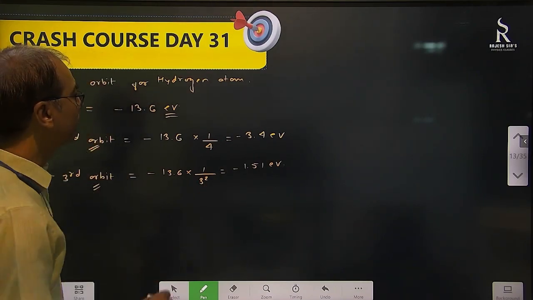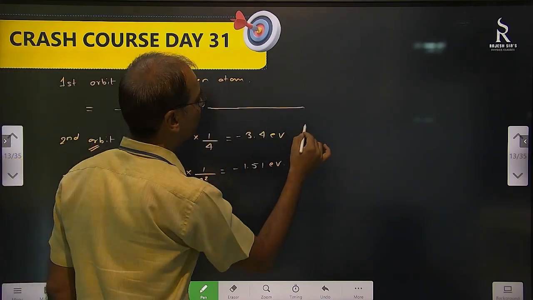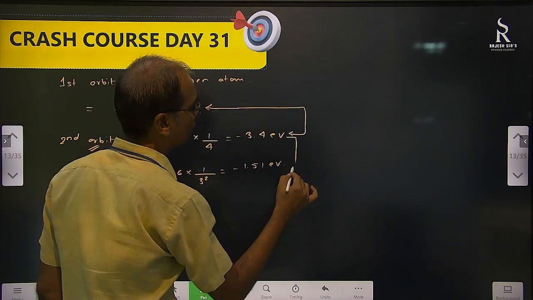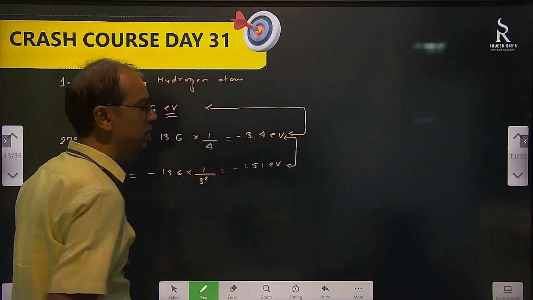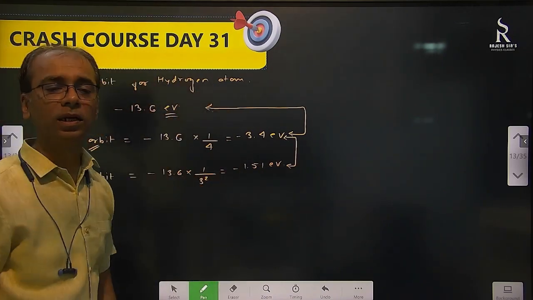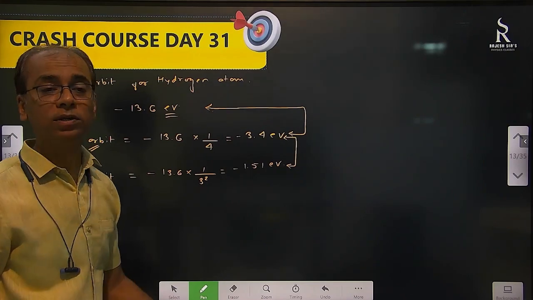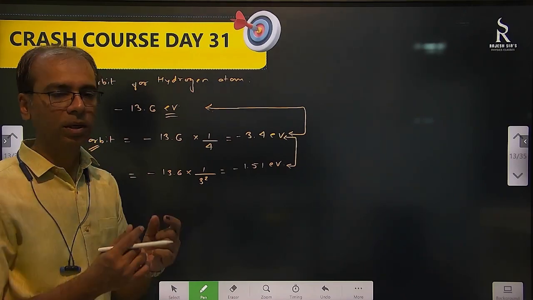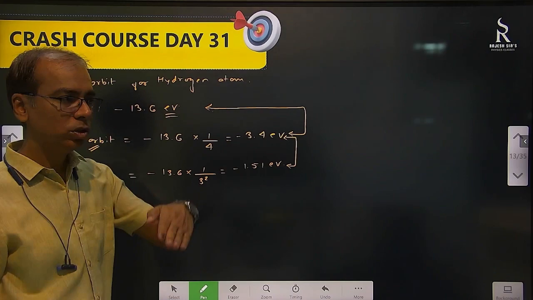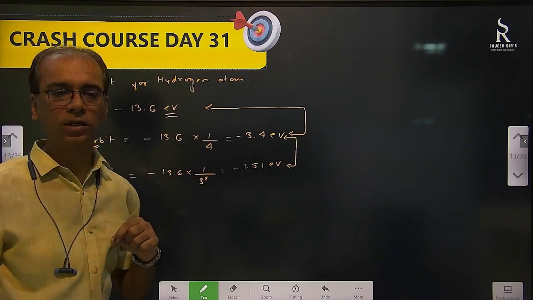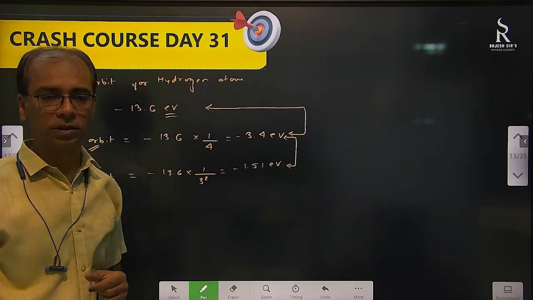But you see, the difference in energy over here is a lot more than the difference in energy over here. That means as you are going up, the difference in energy decreases, and the radius of the orbits also comes very close to each other. As you go up in higher energy orbits, the energy difference is decreasing, and so is the radius difference.